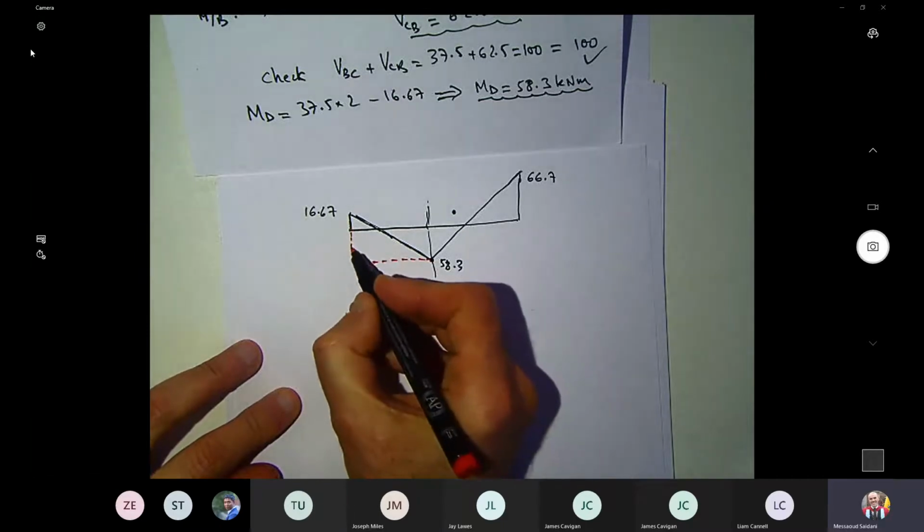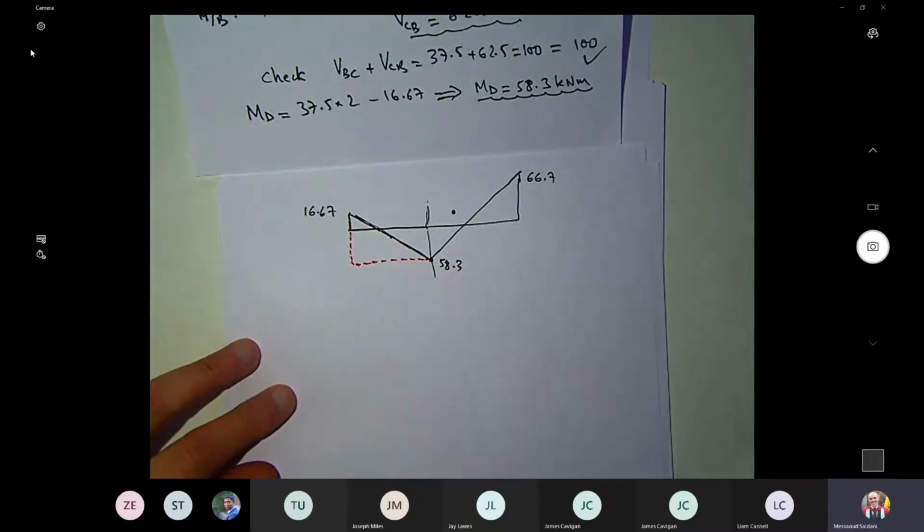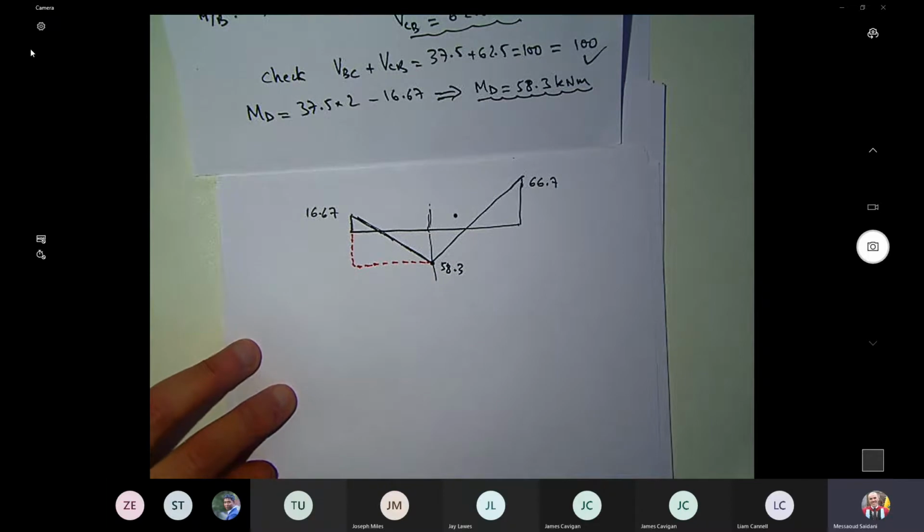So what I'm going to do, I'm just using these dotted lines just to guide me to show you the triangles in question. Is that okay?